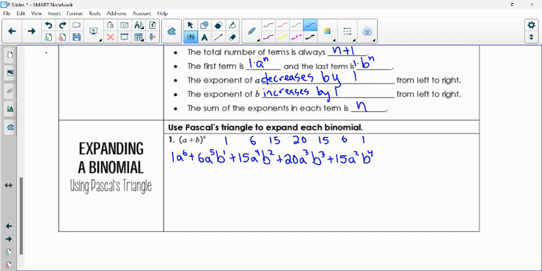So 15a squared b to the fourth would be our next term. Our next coefficient is 6. We decrease 1 from the a, increase 1 for the b, so 6ab to the fifth would be our next term. And then the last term would be 1 b to the sixth. We decrease the a to 0, we increase the b to 6.